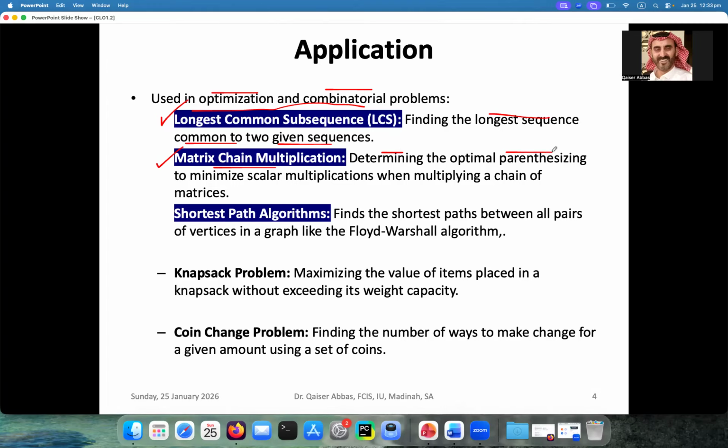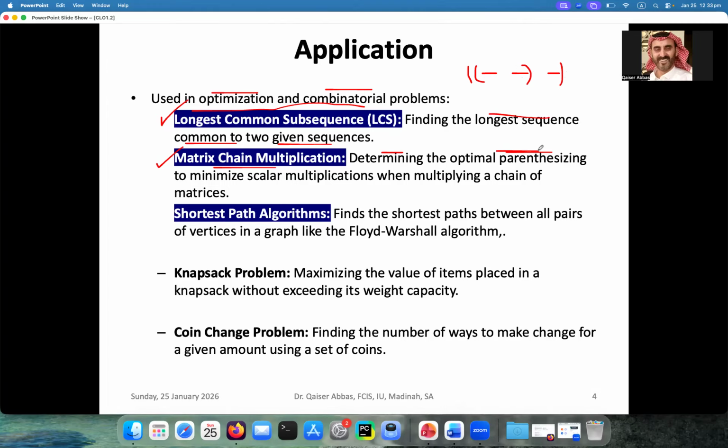It will identify the order, by putting parentheses around it, in which I will multiply. For example, if these are matrices, it will put parentheses so that I multiply these two first, and then whatever the result is, I will multiply that with the next. So it will determine the optimal parenthesizing.